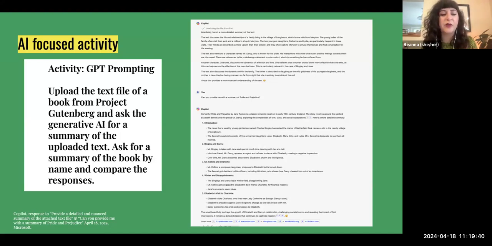So this also gives them an opportunity to think about the pitfalls of AI. Other AI-focused activities you could do include having them change out keywords that they're using to think a little bit more about those tokens and the ways things are relationally linked together.